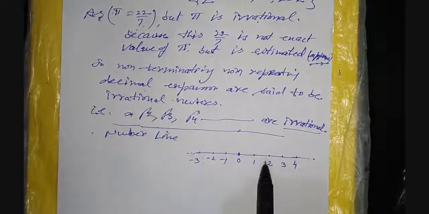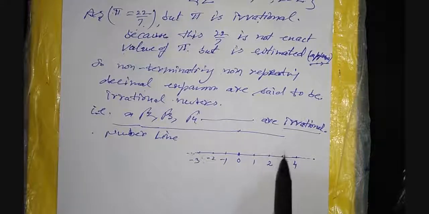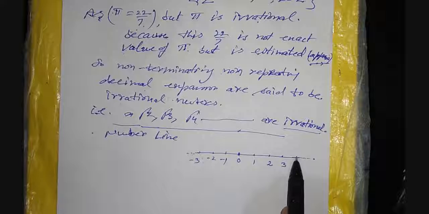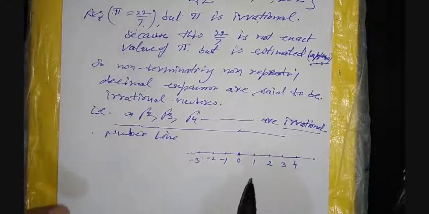But irrational numbers or fractional numbers, how can we find the position of these numbers on this number line?